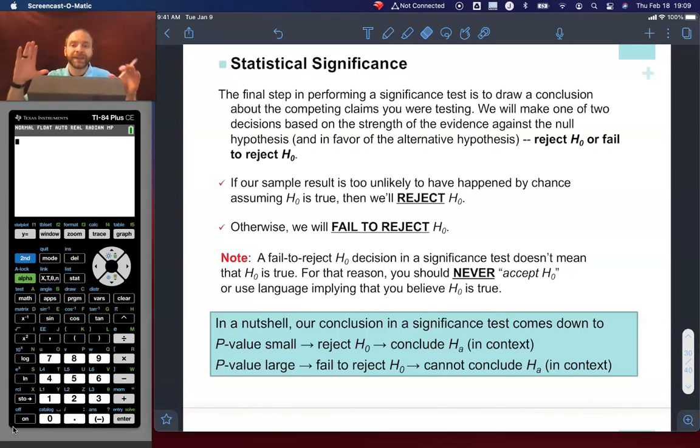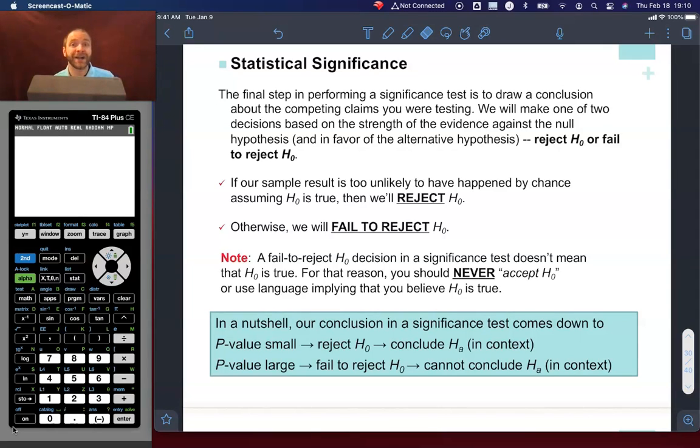So in a nutshell, if the p-value is small, that means you're in the tails. So it should not have occurred because it's a small chance, so you reject the null. And what you do is you conclude the alternative in context. If the p-value is large, it's in the bigger part of the distribution, so you fail to reject the null, and you cannot conclude the alternative in context.